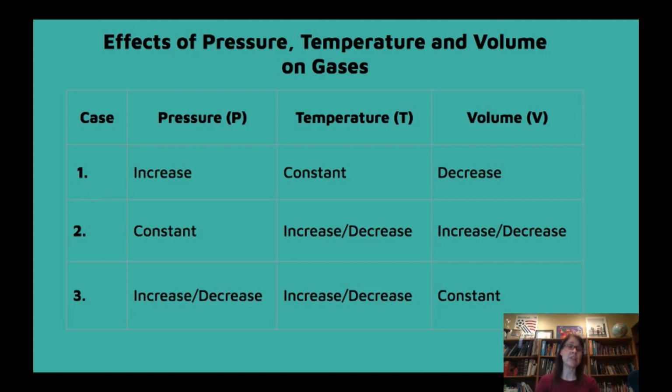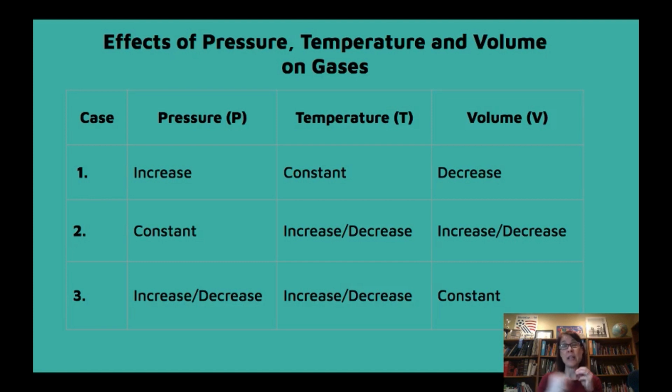Look with me to case 2. In case 2, we are going to keep the pressure constant. Now, if we want to keep the pressure constant, but we increase the temperature, what's going to happen to volume? When we increase the temperature, it's going to cause those molecules of gases to begin moving more rapidly.